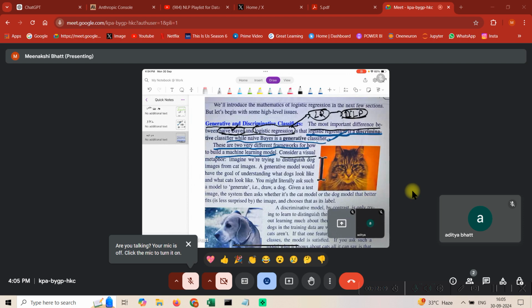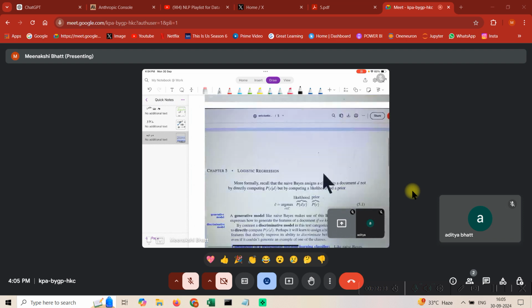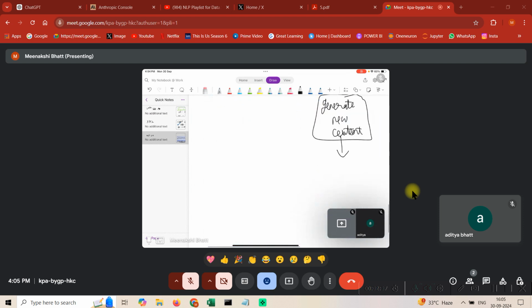Consider a visual metaphor. Imagine we were trying to distinguish dog images from cat images. So you're trying to create a classifier which will distinguish dog images and cat images. A generative model would have the goal of understanding what dogs look like and what cats look like. You might literally ask such a system to generate, that is, draw a dog. So whenever we have a generative model, the goal is to understand how a dog looks and how a cat looks, and it has the ability to generate new content.